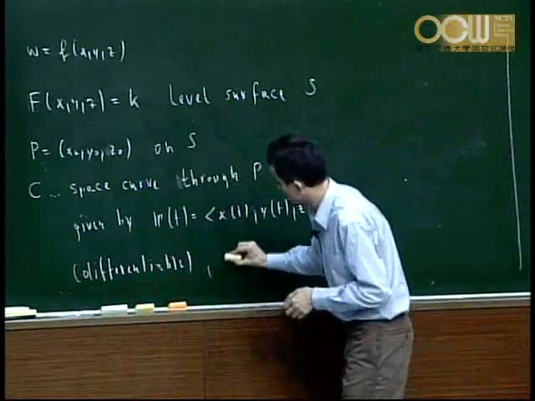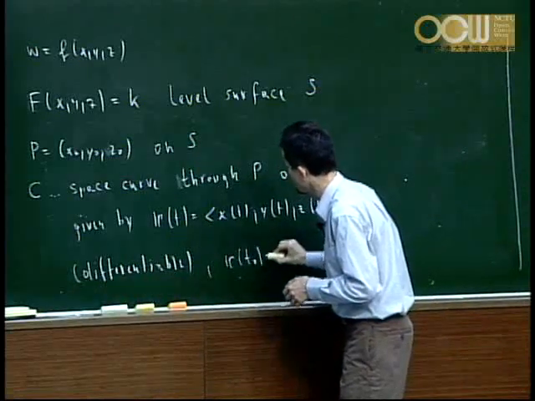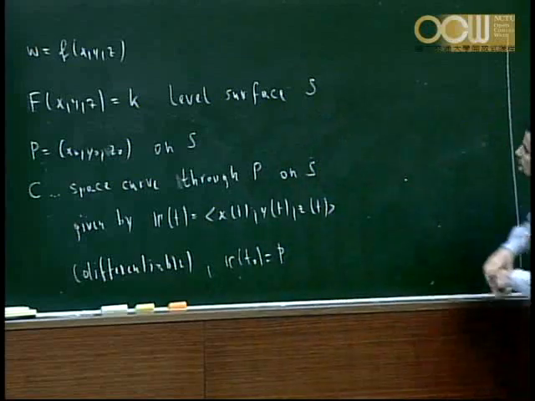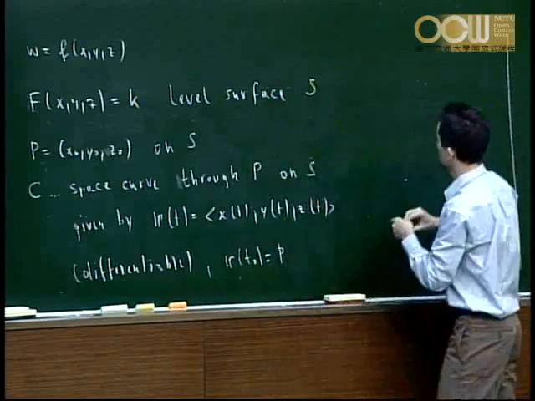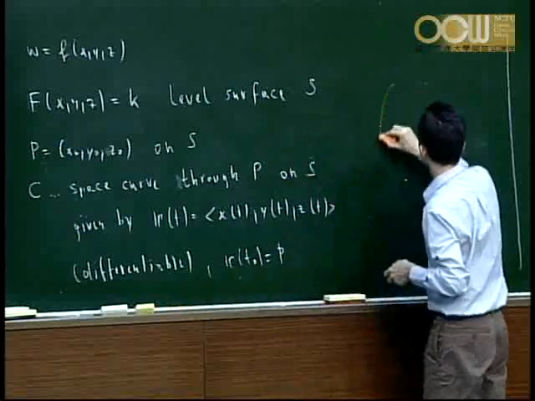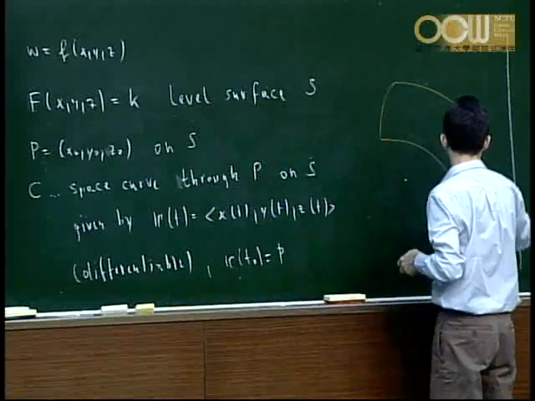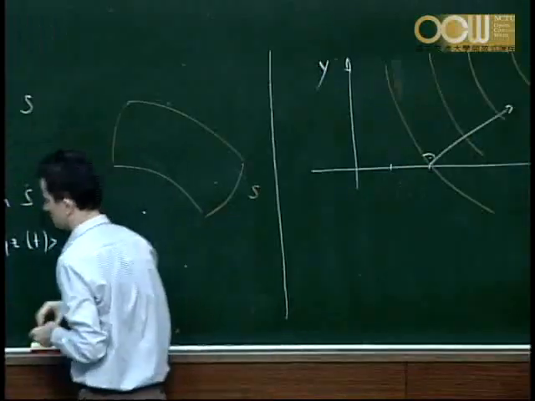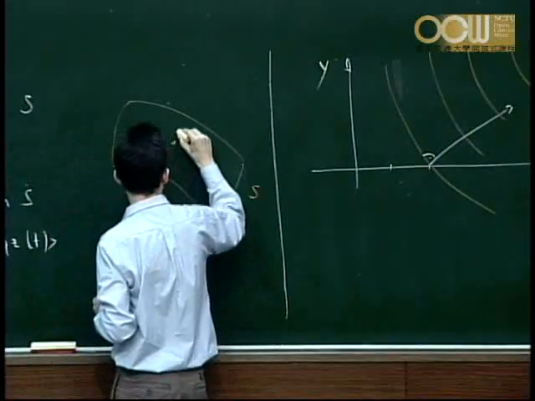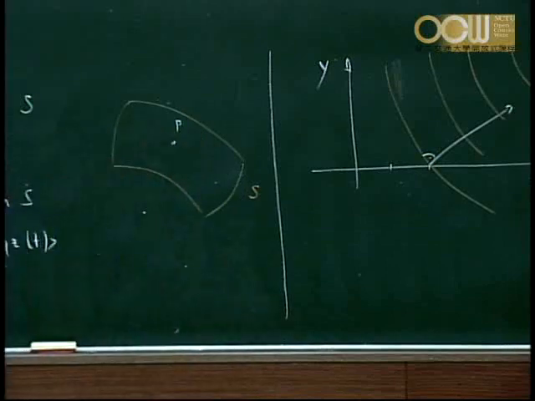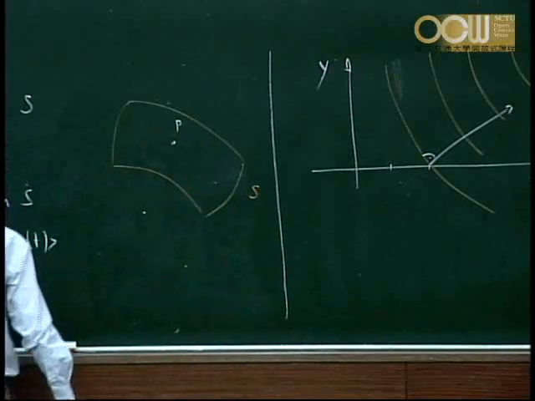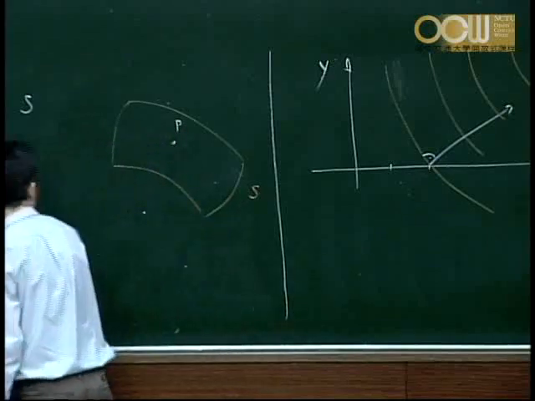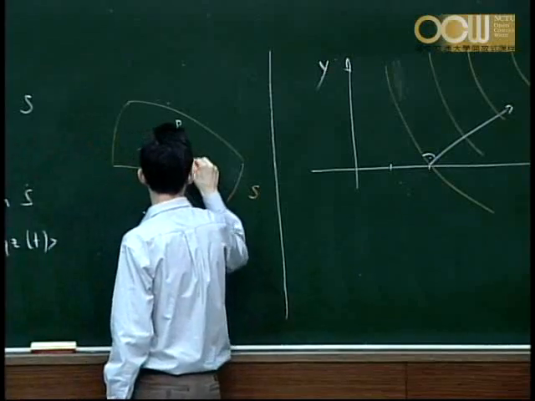And we assume that at t0 we will get our point P. So you have a level surface, this is our surface S, and you have a point on the level surface, and you choose any smooth enough space curve which is contained here on the level surface.